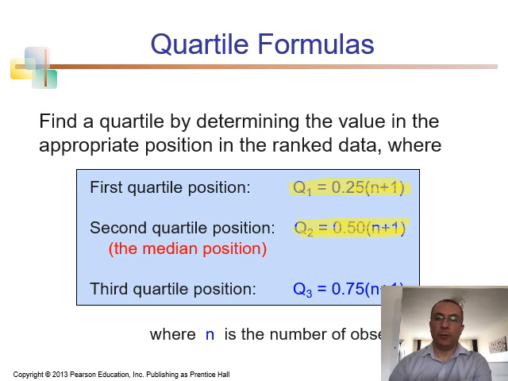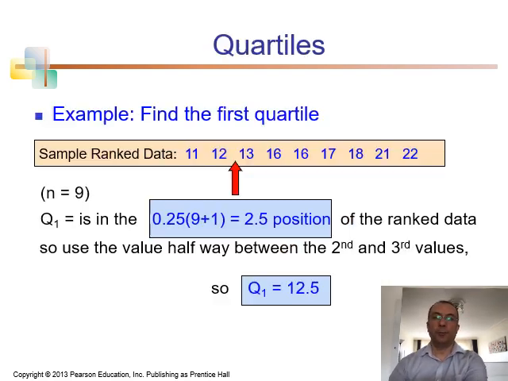And the location of Q3 equals 0.75 times (n plus 1). And these are the locations. So you look at the location, and the data existing at that location will give you the quartile, Q1, Q2, and Q3.